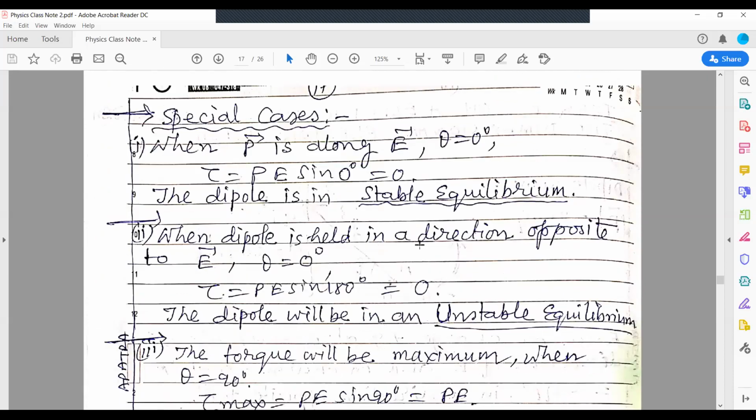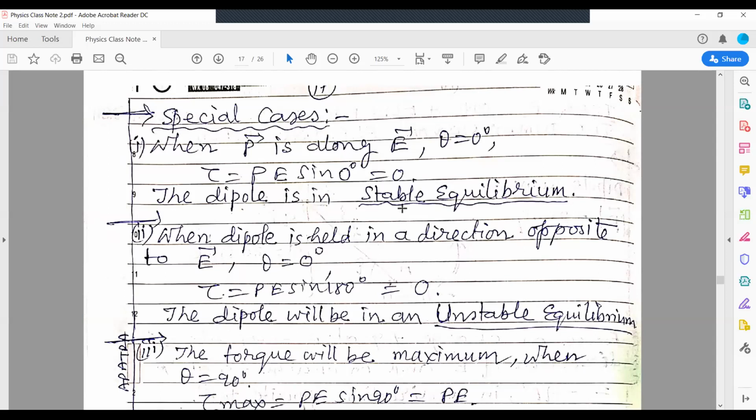Special cases. When P is along the E vector, that is theta equal to 0 degree, tau equal to P E sine 0 degree, that is 0. The dipole is in stable equilibrium. We are considering equilibrium and non-equilibrium positions. When theta is 0 degree, that means P is along E, P parallel to E. Torque is 0.